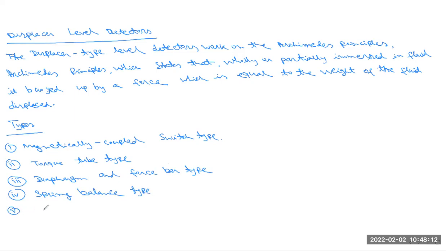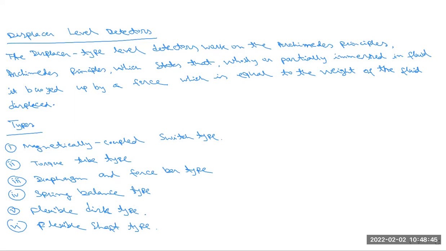Number five, flexible disc type. And number six, flexible shaft type. So these are basically the different types of displacer level detectors.